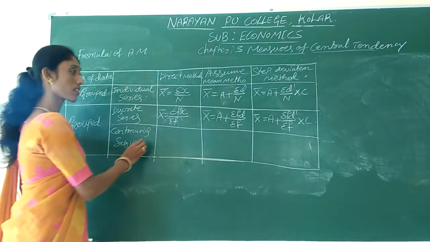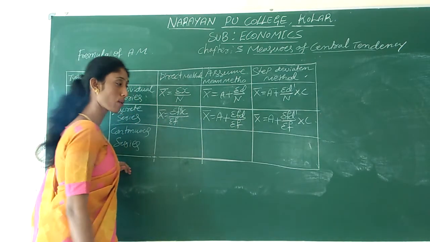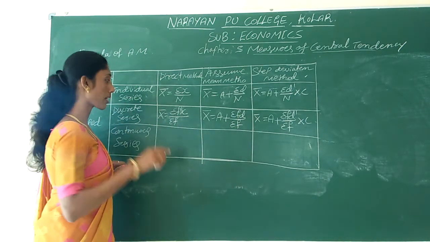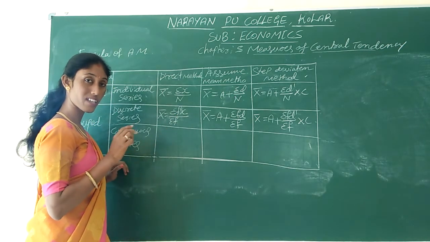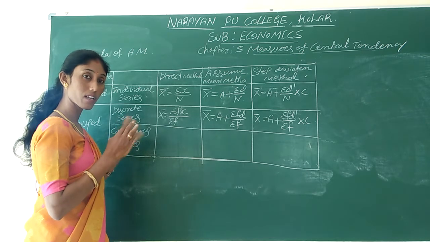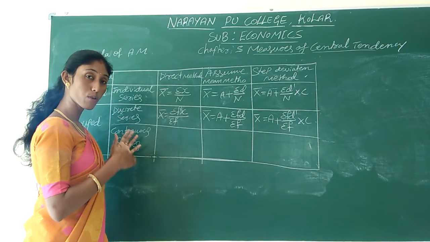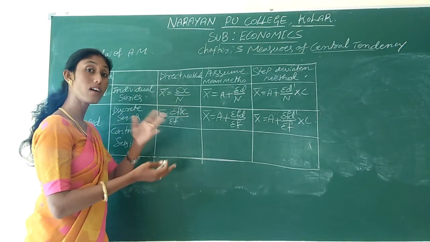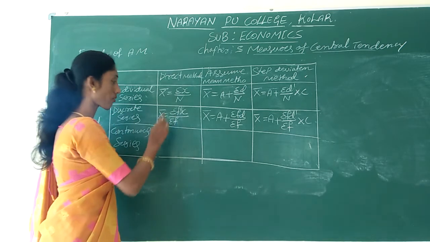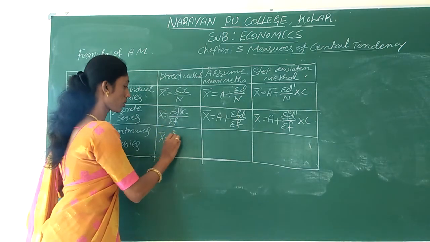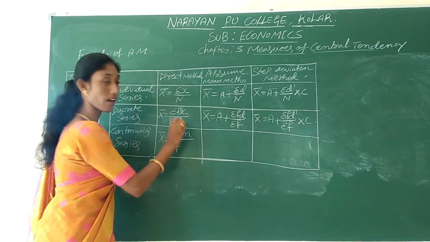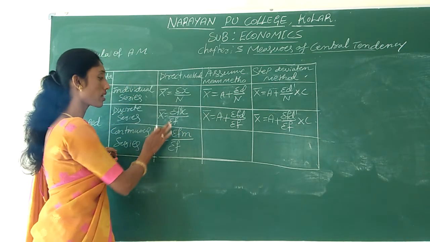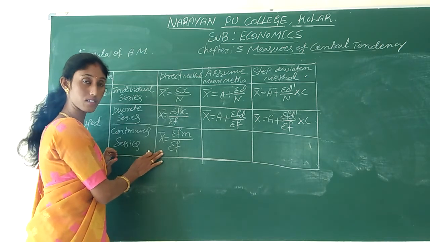Then continuous series will be the same as usual, but the only change is that instead of x, in continuous series the observation will be in class intervals. That observation will be modified as a midpoint. That's why x bar is equal to sigma fm divided by sigma f. That is the only change between discrete and continuous series.